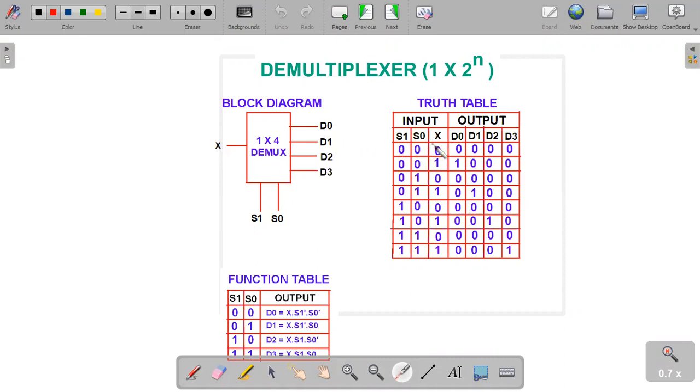Here in the truth table, we can see that only when the input has a high state does it reflect at the output. Here 00 means D0. Only when X is high, it reflects D0 as 1; otherwise it reflects 0. Here the input X is also known as enable.